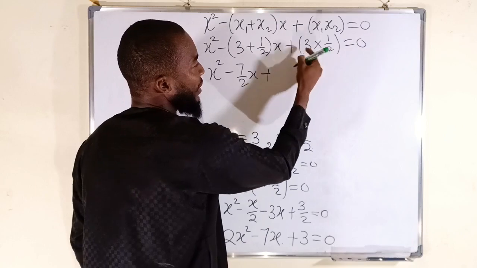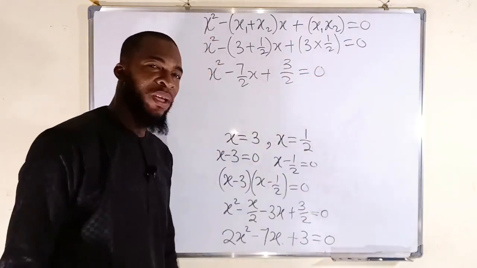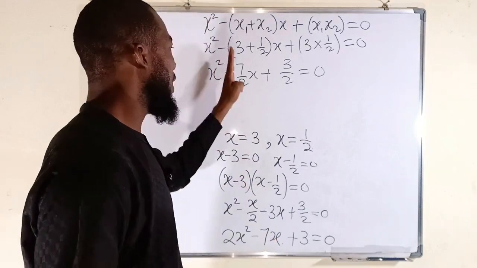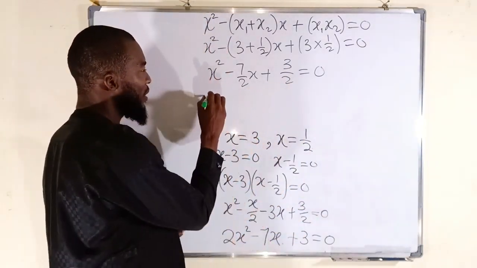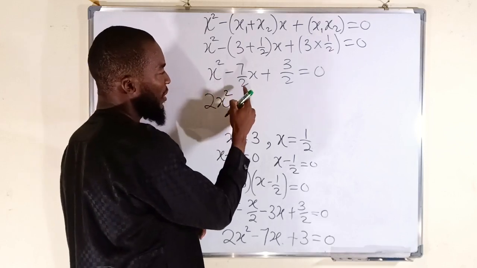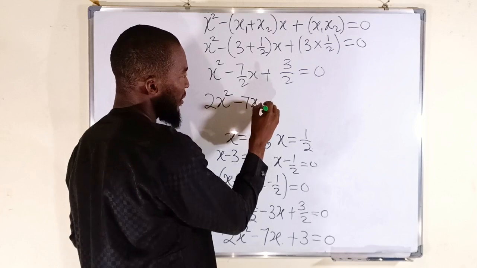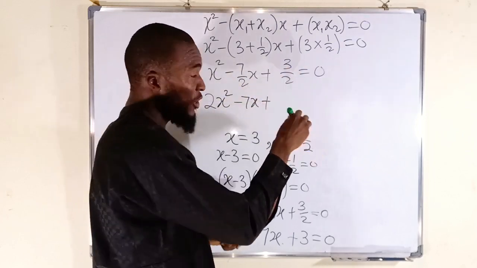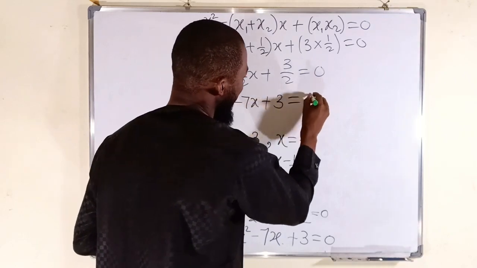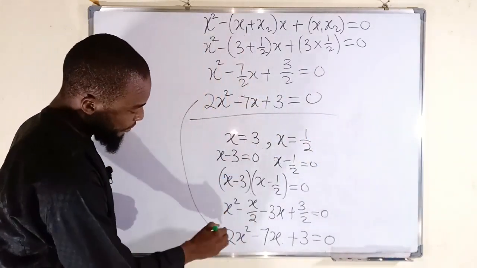Then plus, this time this is 3 divided by 2, the whole of this equal to 0. Final step, multiply every single term by the LCM, which is 2. 2 times this one will give us 2x squared. 2 times the middle term will give us negative 7x plus 2 times this one, it will eliminate the denominator, leaving only 3. The whole of this equal to 0. Observe, they are exactly the same, right?